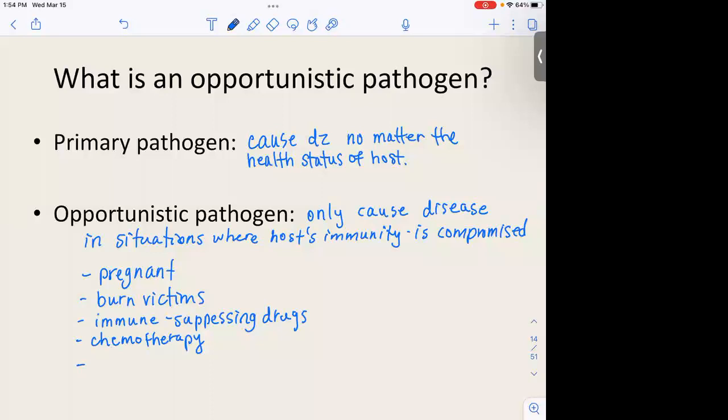So if part of a microbe in our normal microbiota is introduced into an unusual site, I'm sure you can probably think of some examples of that.